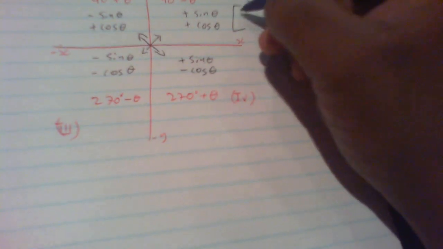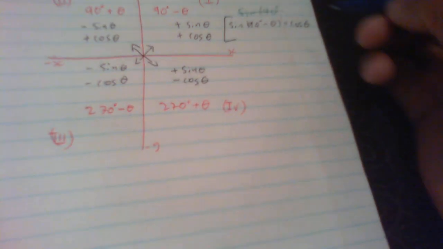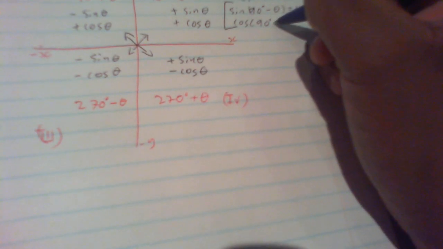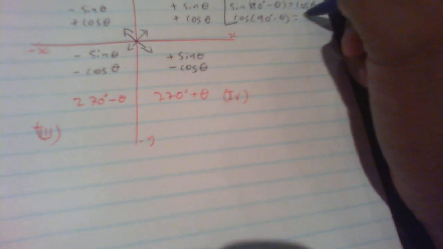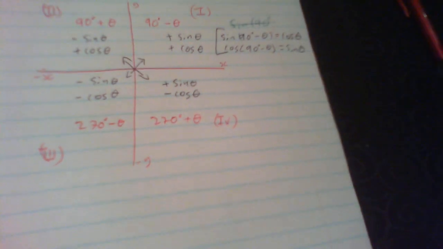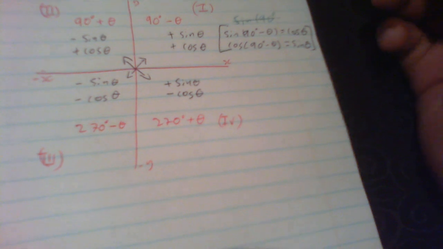So this is telling me that when I have sine of 90 minus theta, it's going to be positive cos of theta. And when I have cos of 90 degrees minus theta, it's going to be sine of theta, because both of them are positive.